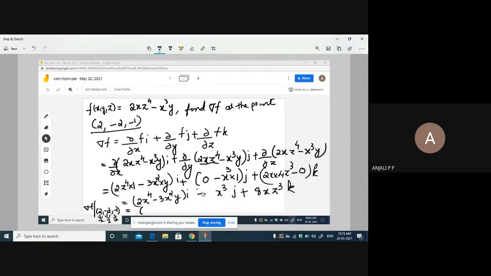So 2 into minus 1 whole raised to 4, minus 3 into 2 square into y is minus 2, i, minus x cube means what? x is 2, so 2 cube j, plus 8 into 2 into z is minus 1 all cube k.